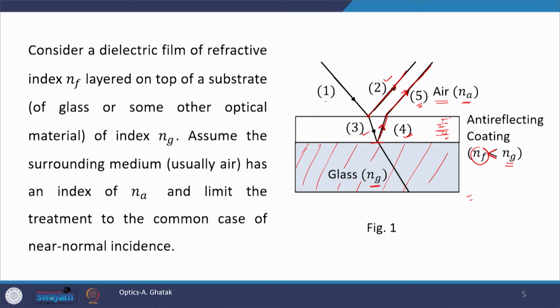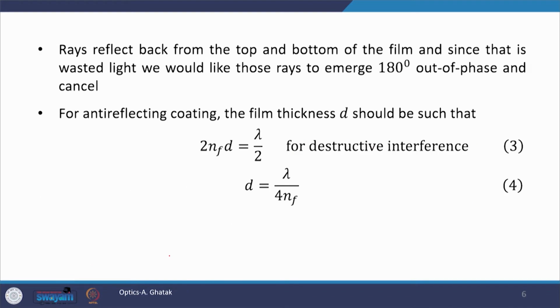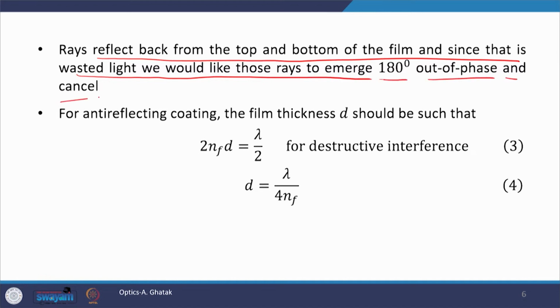Now, here we assume the incident beam is normal to the interface of the medium. We always consider near normal incidence. Under this condition, the rays reflect back from the top and bottom of the film, and since that is wasted light, we would like those rays to emerge 180 degrees out of phase and cancel each other.